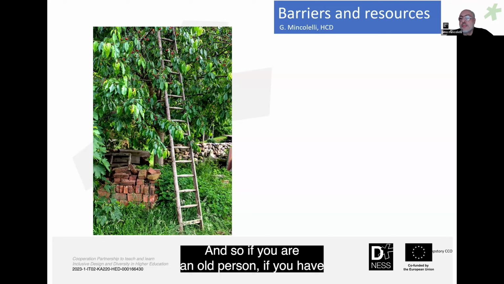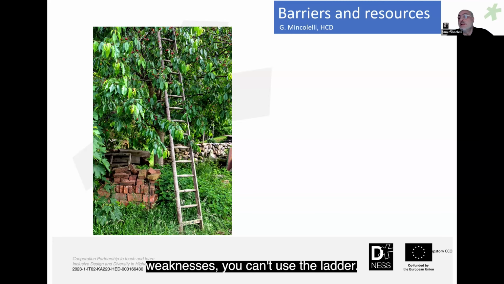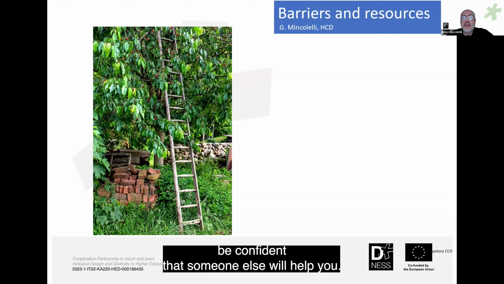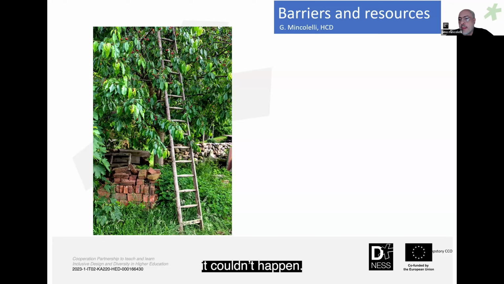If you are an old person, if you have mobility impairments or other weaknesses, you can't use a ladder. So to reach fruits, you must be confident that someone else will help you. And if you belong to the same society, it may happen. If you don't belong to the same community, it might not happen.